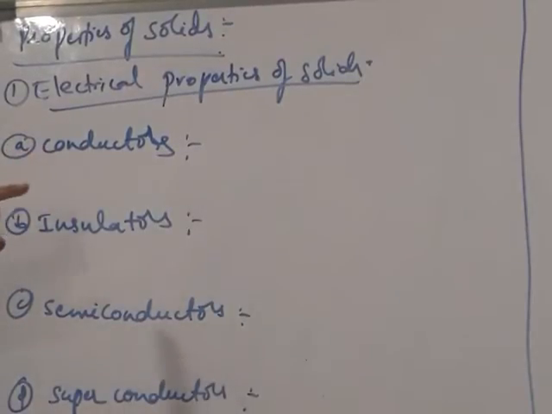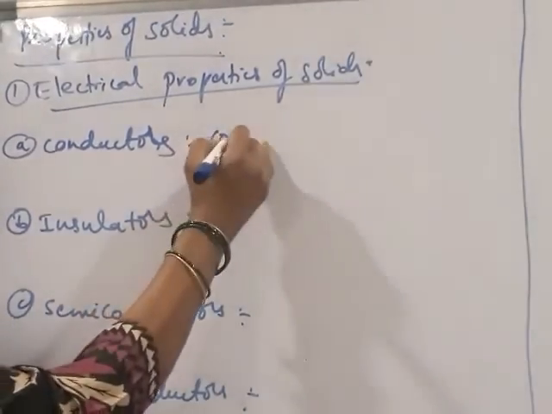In conductors, conductivity ranges between 10 to the power 3 to 10 to the power 8 per ohm per meter.